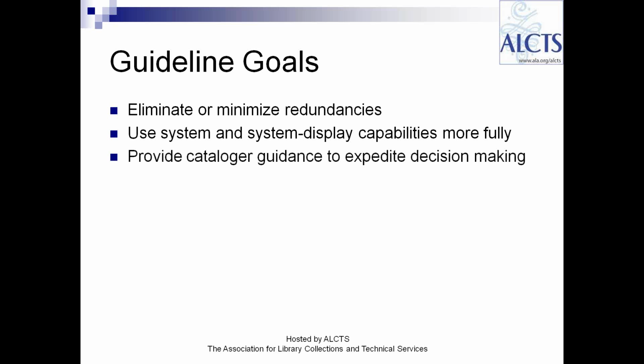With the guidelines, we also wanted to provide some specific advice to catalogers to help them expedite decision making. That was part of the issues with looking at their pain points, was to identify what areas that we could provide them with advice on.